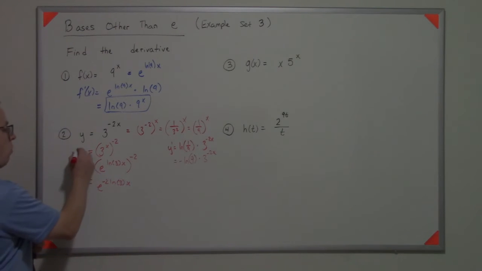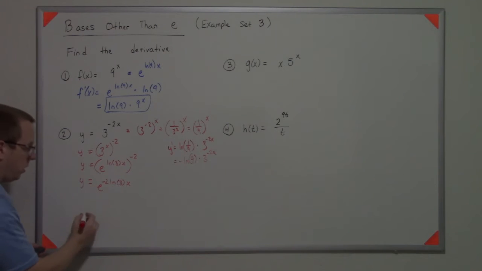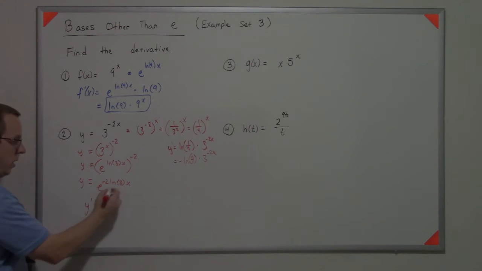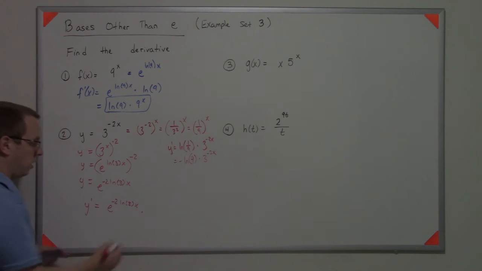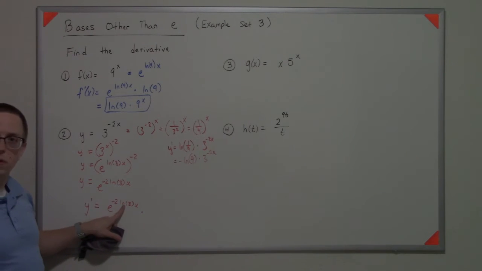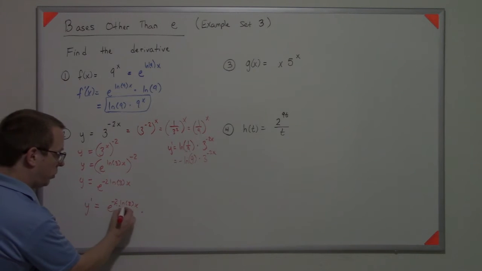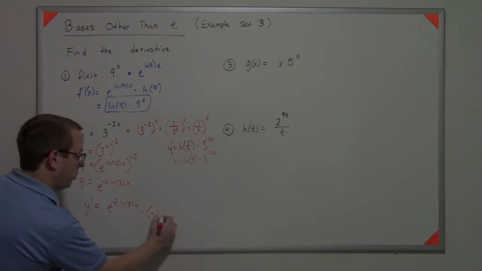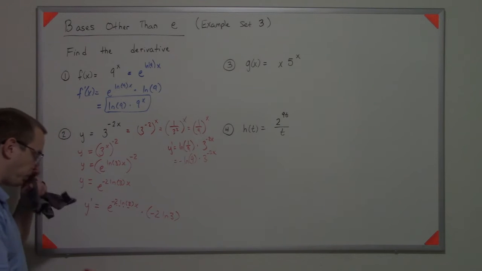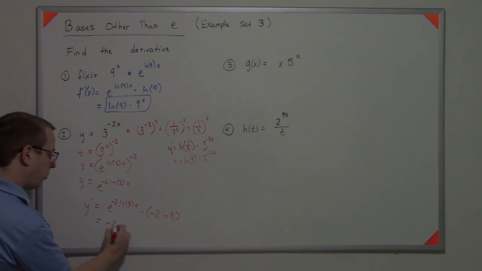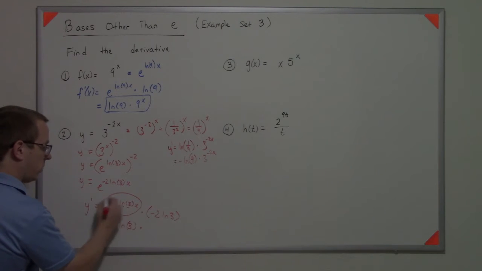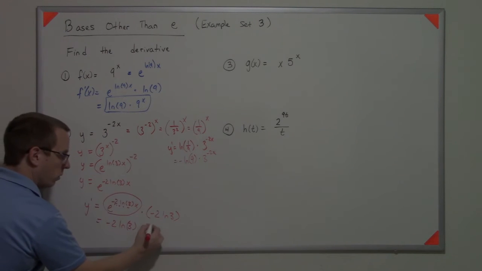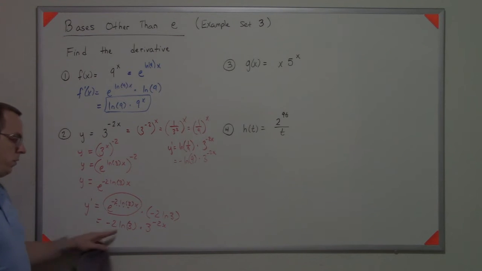So that's all y. So then y prime is e to the negative 2 natural log 3 of x times the derivative of this argument, and this is just a constant, so it's negative 2 natural log 3. So you end up with negative 2 natural log 3 times, because this right here is just our original, you end up with that.